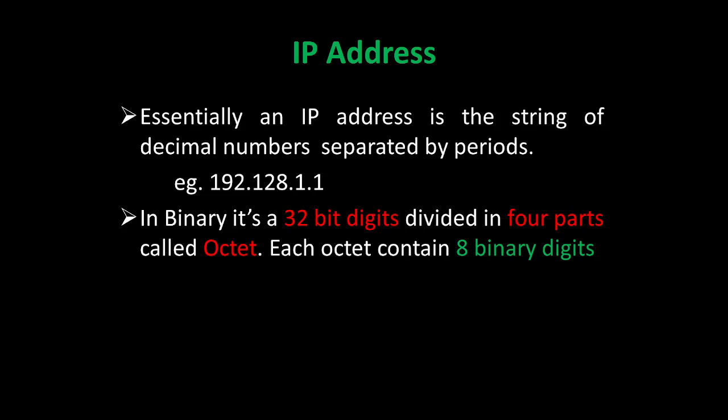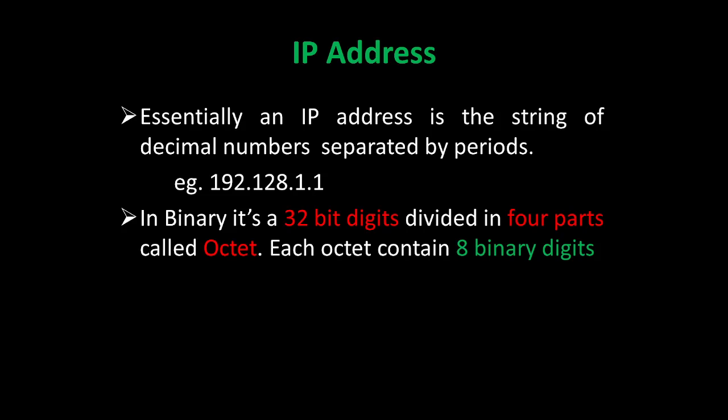If you look at that IP address on top, the 192 is one octet, 128 is another octet, 1 is another octet, and the last 1 is another octet. So those are 4 octets, and each octet contains 8 bits, so the total comes to 32. That's simple maths: 8 times 4 gives 32 bits.